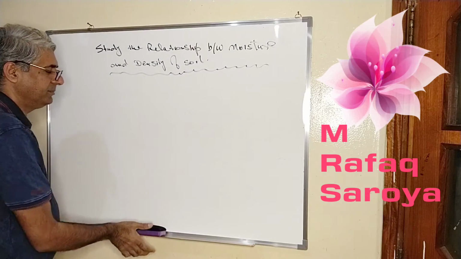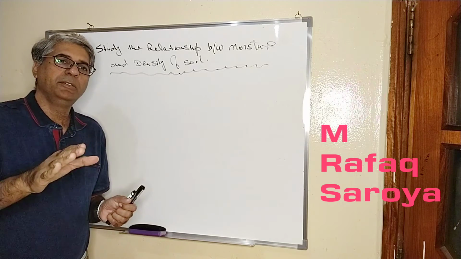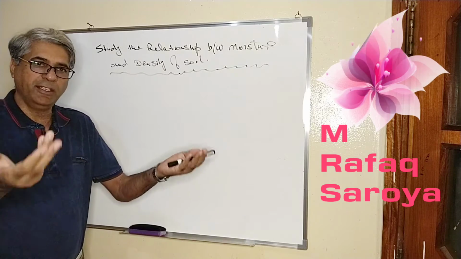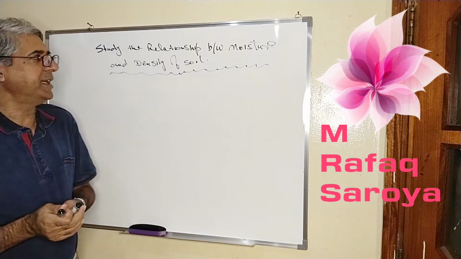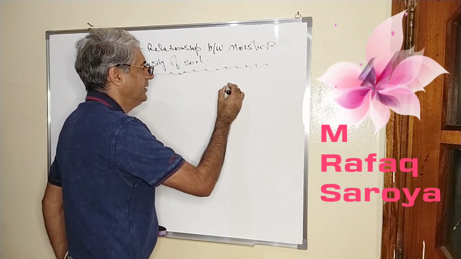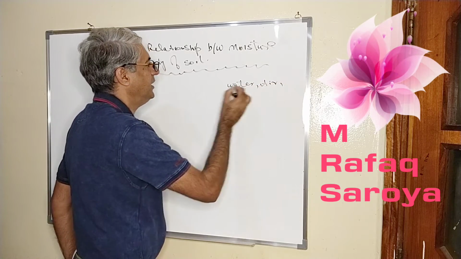Before we start, the soil should be in absolutely dry condition. Then whatever moisture content we add, we know the condition of the soil and how it will behave as we go on adding water. Because yesterday I told you, soil has three phases: water, air, and soil.